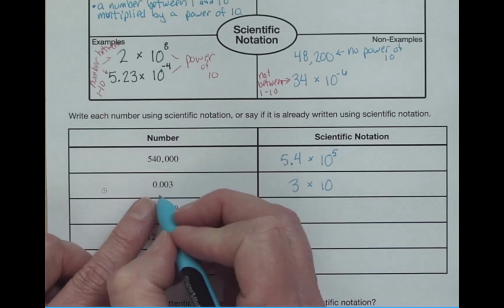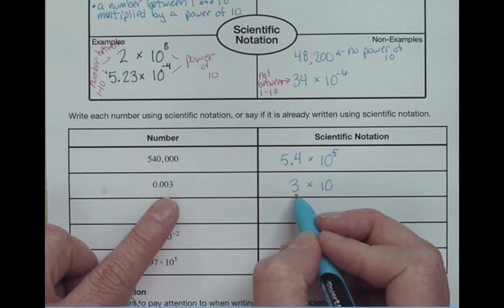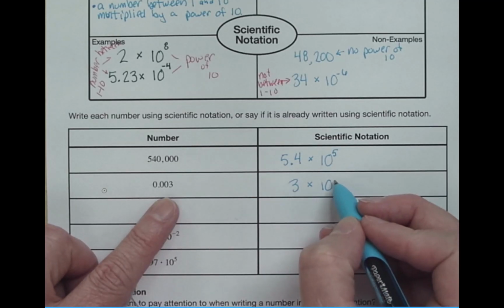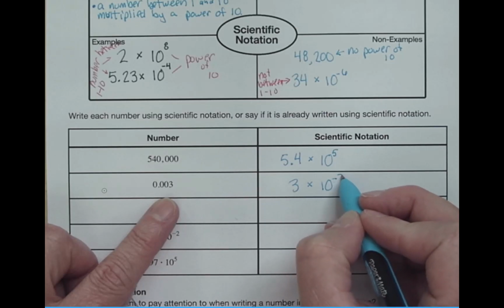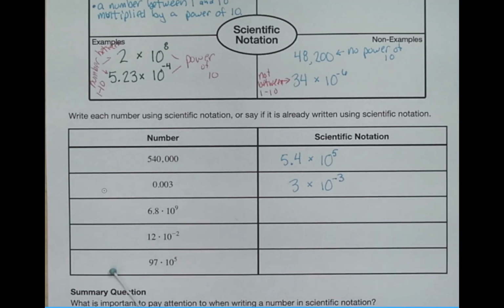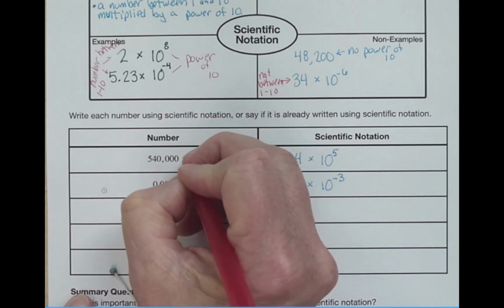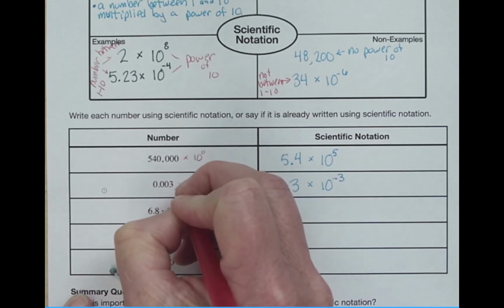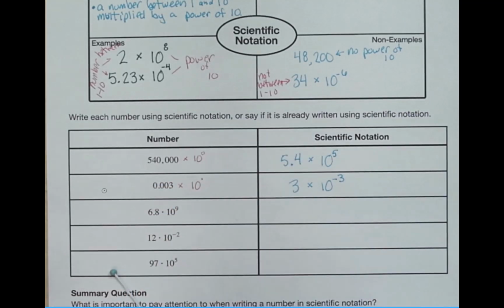But if I make this number bigger, then I have to make this exponent smaller. I just want to be clear. Right now, if I had to put a power of 10 on these, it would be 0 that I'm starting out with, because 10 to the 0th power is 1. It wouldn't change the value of this.